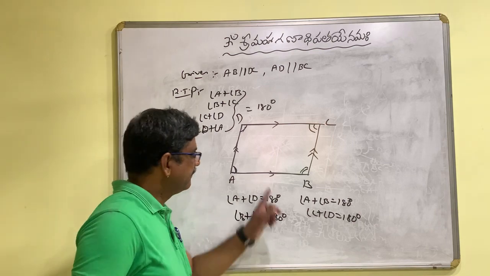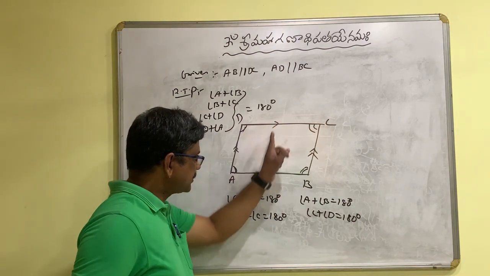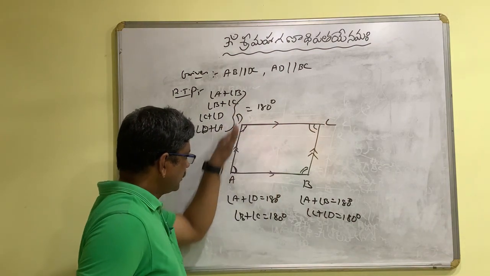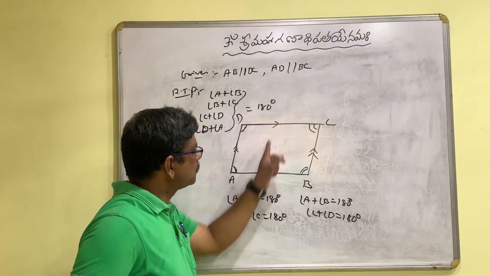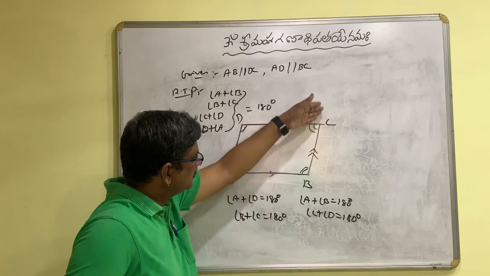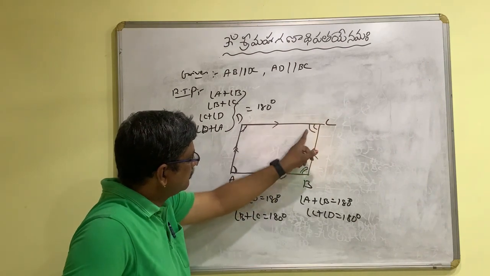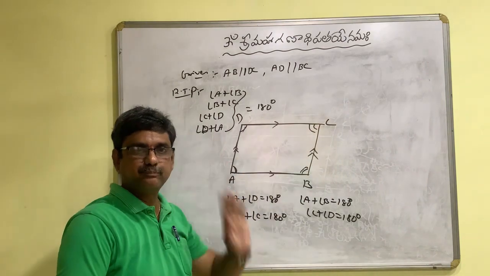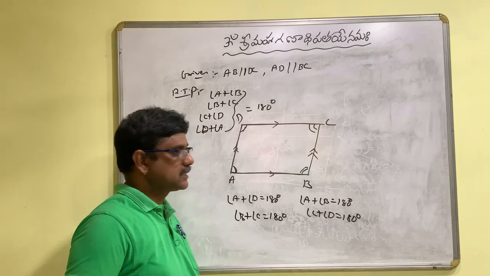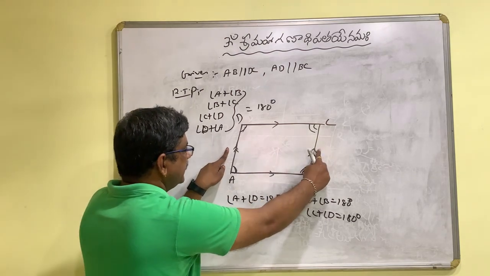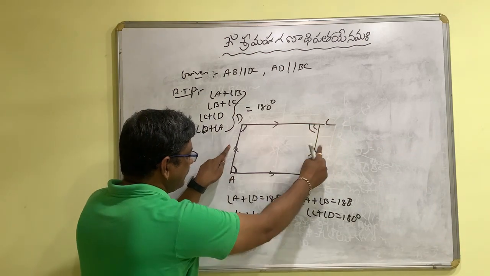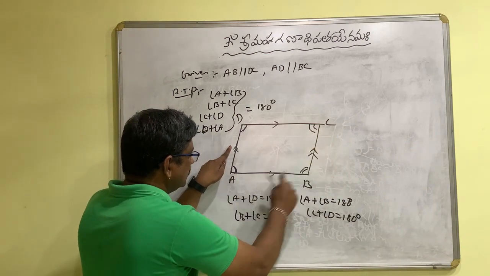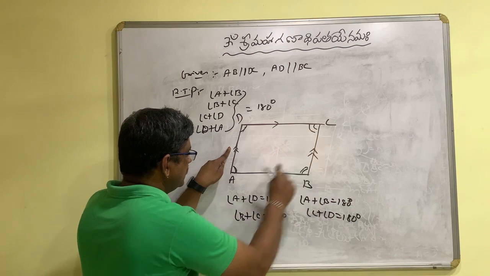Once again, these two are parallel lines, this is transversal. So sum of these two angles 180. These two are parallel lines, this is the transversal. So sum of these two angles 180. Okay na? Next, these two are parallel lines, this is the transversal.